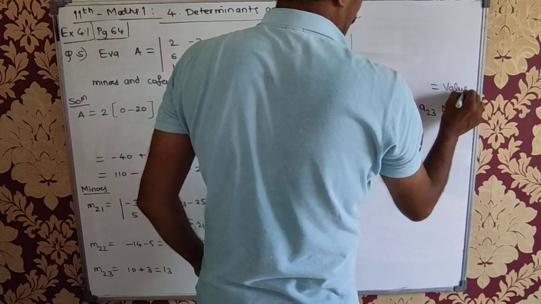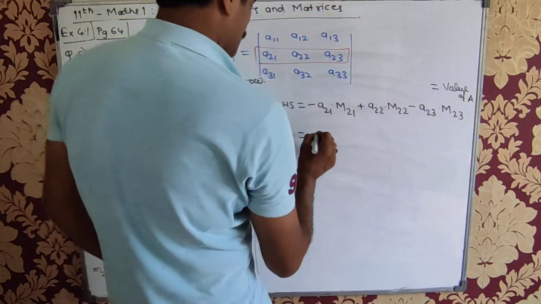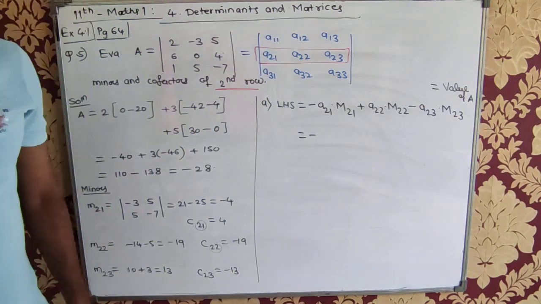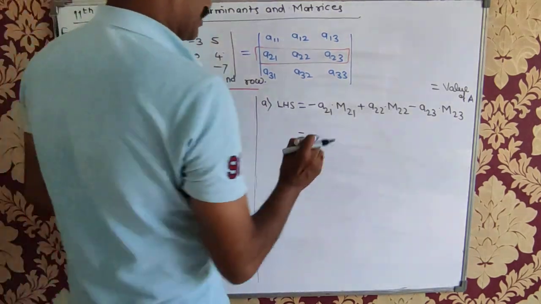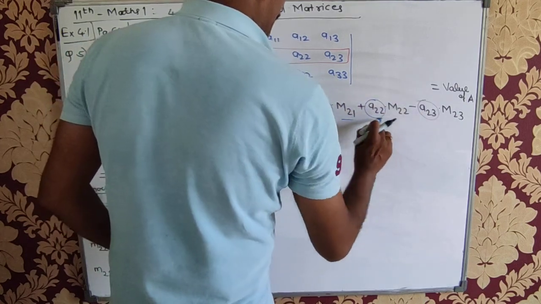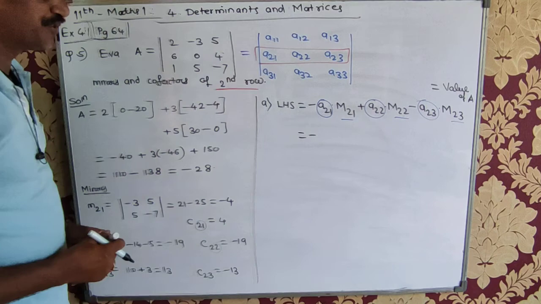Value of A. ये प्रूव करना है. Let's check this now. LHS. अब हम कोफैक्टर को C बोल रहे हैं, but उन्होंने कोफैक्टर्स को A बोला है. So these are all the cofactors, and these are the minors. Okay, so let me substitute.